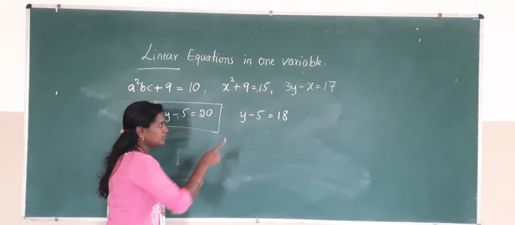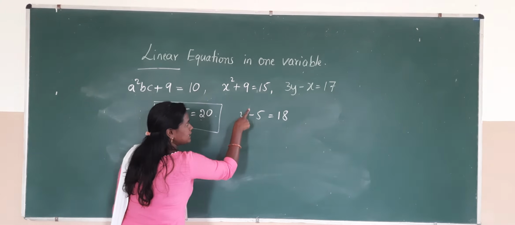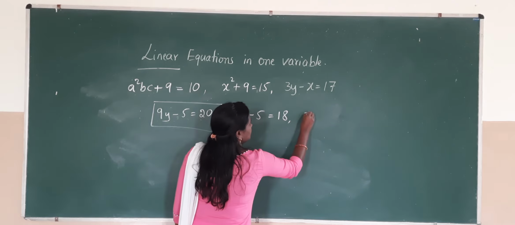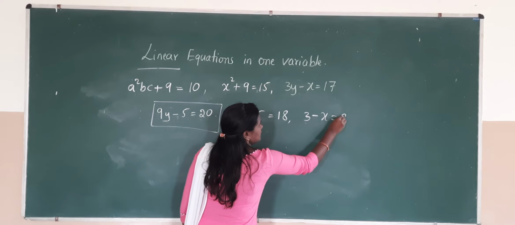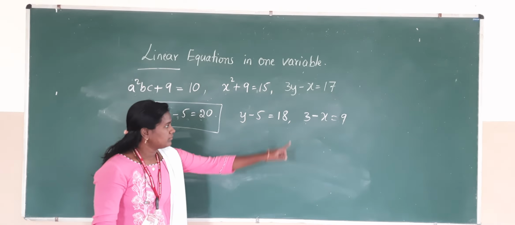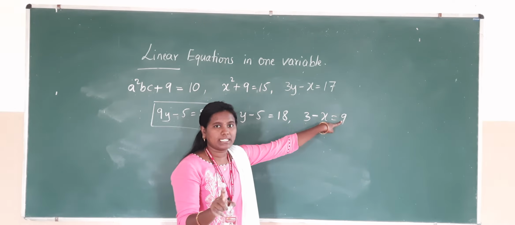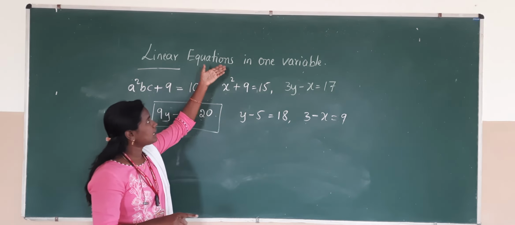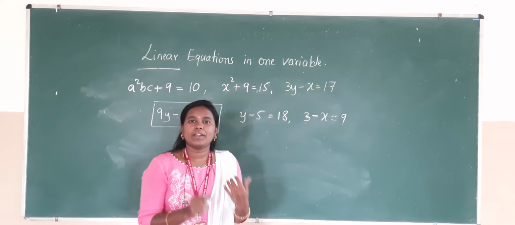Only one variable is there. Its power is 1. 3 minus x is equal to 9. Its power is 1. Therefore, these are linear equations in one variable.